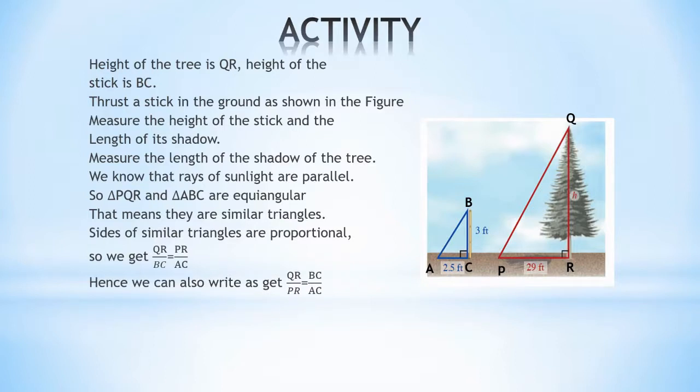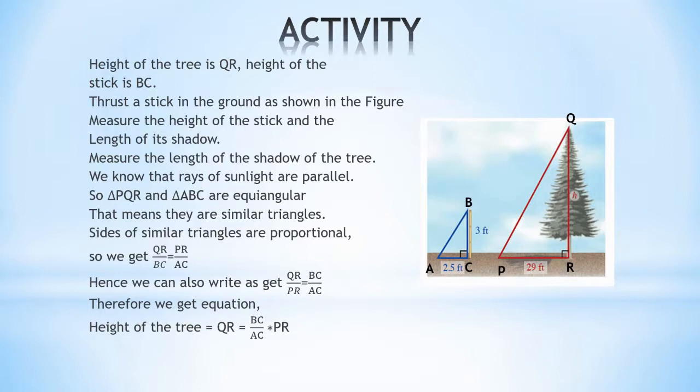Hence, we can also write QR upon PR is equal to BC upon AC. When we rearrange this, we get the equation: height of the tree QR is equal to BC upon AC into PR.